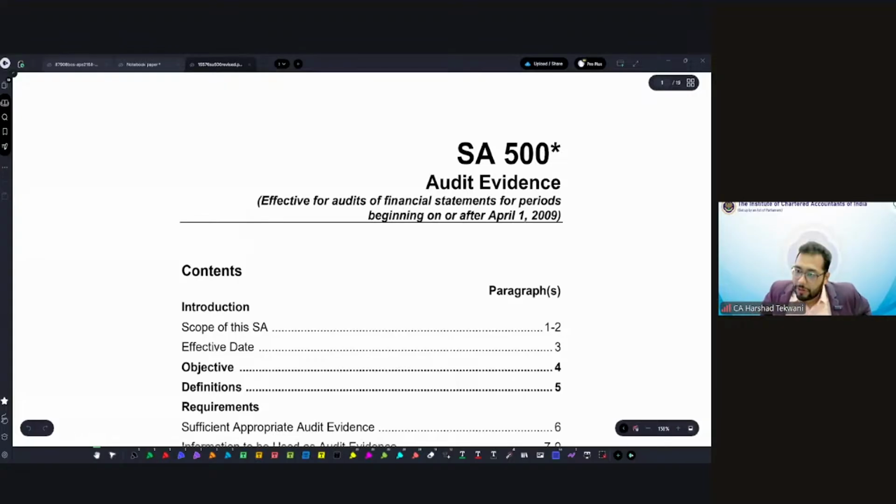You may call it sufficient, but it is not appropriate. So, to call anything sufficient and appropriate audit evidence, I need to make sure that it ticks the box of the sufficient, the quantitative part, and also the qualitative part, the relevance and reliability of that audit evidence.